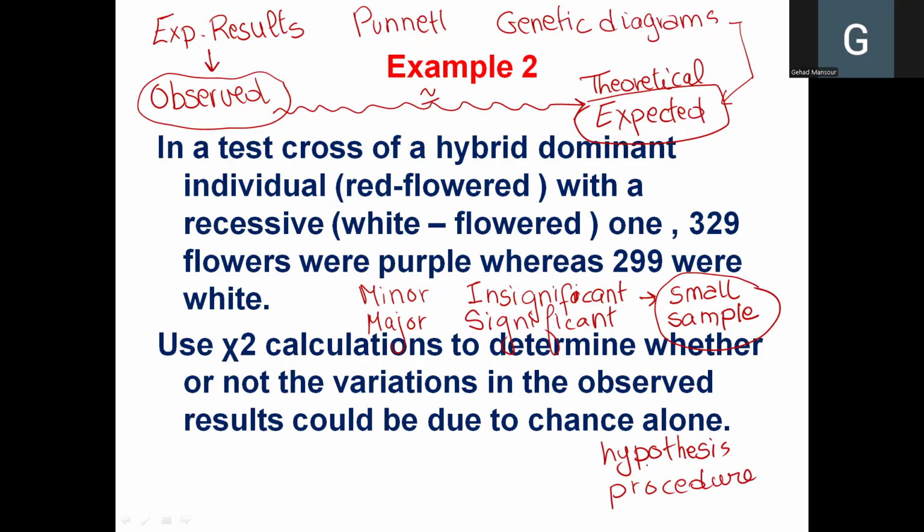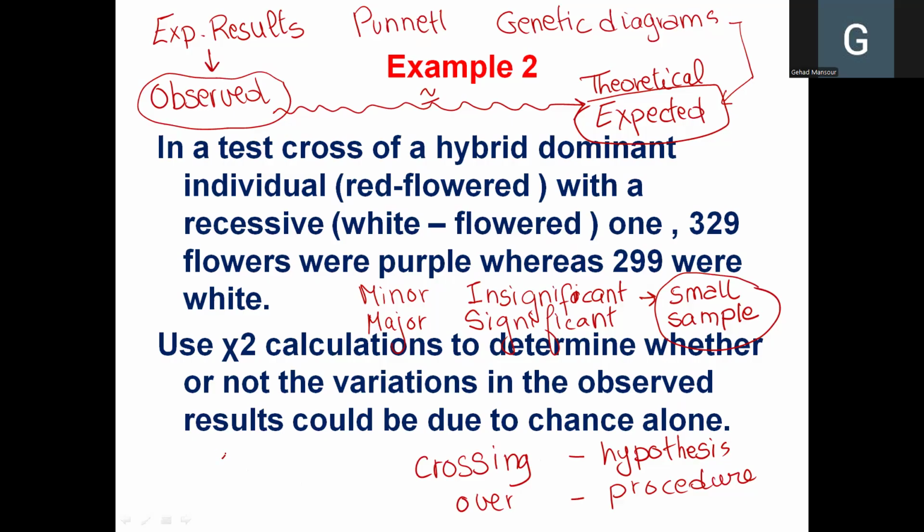Or the hypothesis might be correct and the procedure might be correct, but there has been something that disrupted your expectations, and that thing is crossing over, which broke down the complete linkage and converted it into incomplete linkage.